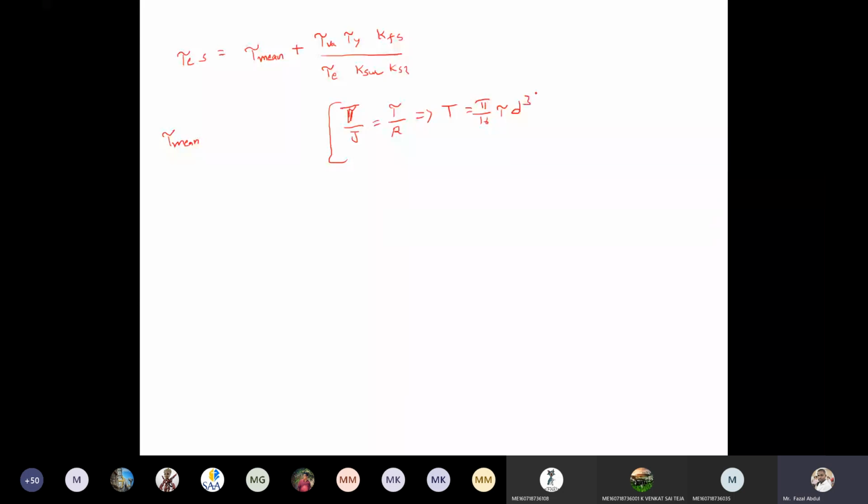This equation will come. So through this equation, what is the shear stress? 16 into T by pi d cube. This I am giving for your understanding purpose, additionally.